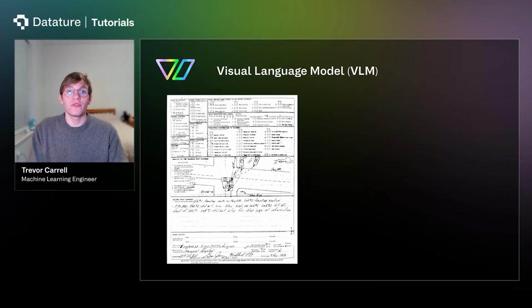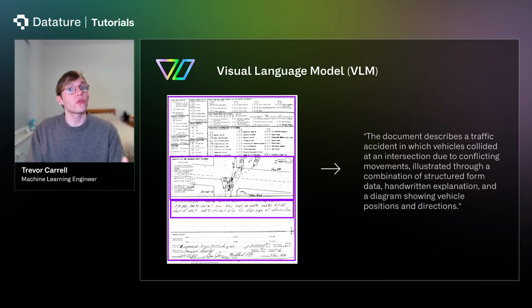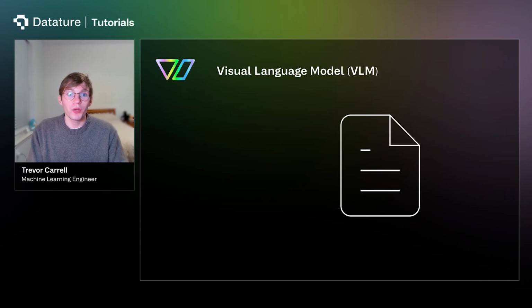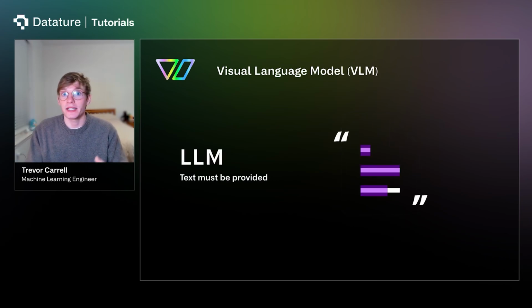Importantly, VLMs fuse vision and language together. Visual concepts such as objects, layouts, and structures are learned alongside the language that describes them. This multimodal approach allows VLMs to reason across a much broader context than language alone. For example, when working with a PDF document, a traditional LLM would require the document text to be explicitly provided.